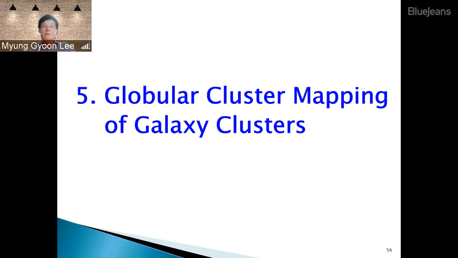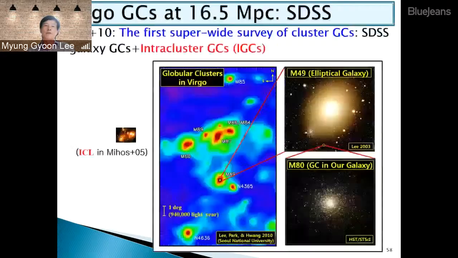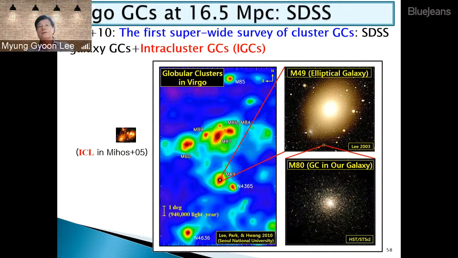And finally, globular cluster mapping of galaxy clusters. Before JWST, the nearest galaxy cluster with intracluster GCs known is Virgo. The farthest is at a redshift of 0.3, Abell 2744. So this is the GC map of Virgo in the blue map.